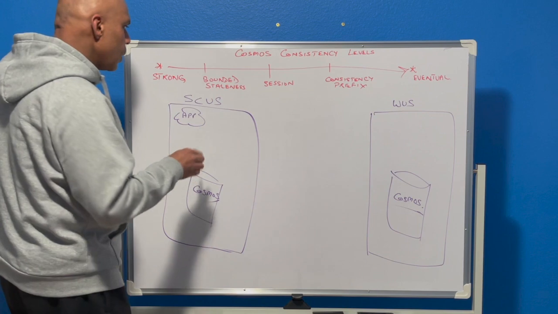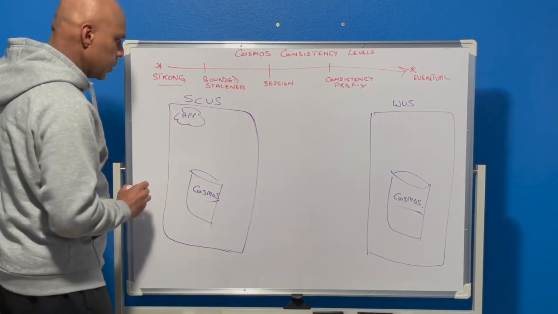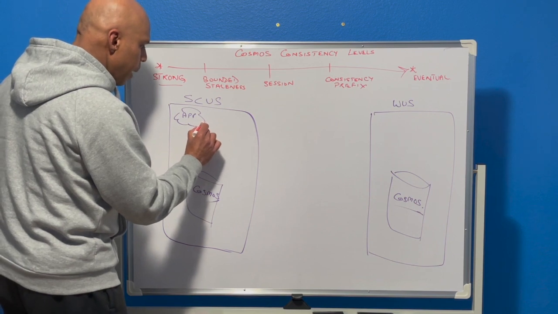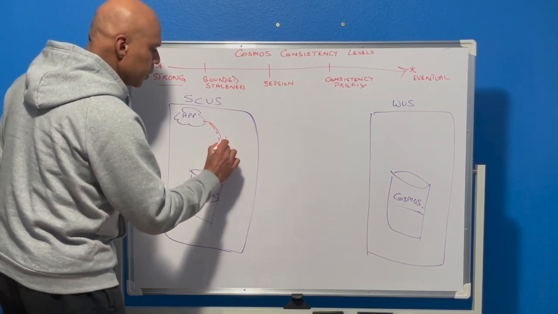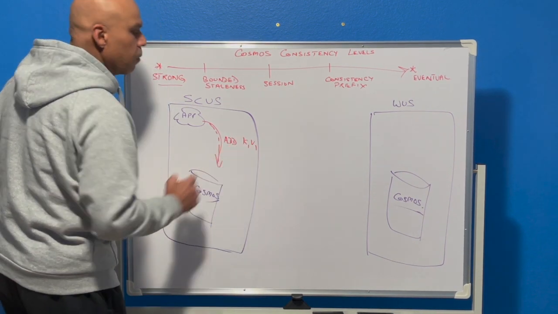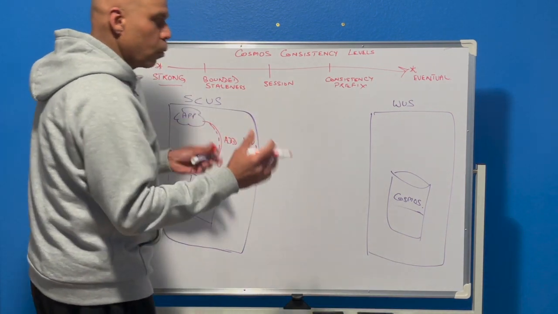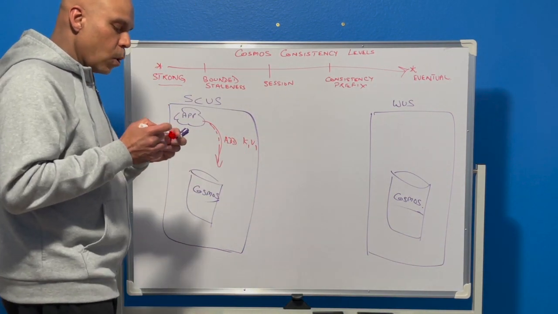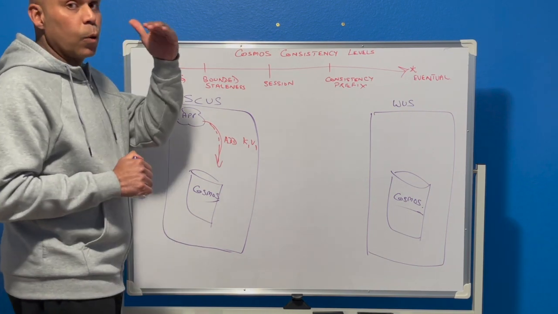So let's say that we are configured with, we're looking at the first one, which is strong consistency. The app does a write operation. It adds a value key1 v1. Now, before I do that, your Cosmos consistency levels are provisioned at the account level.